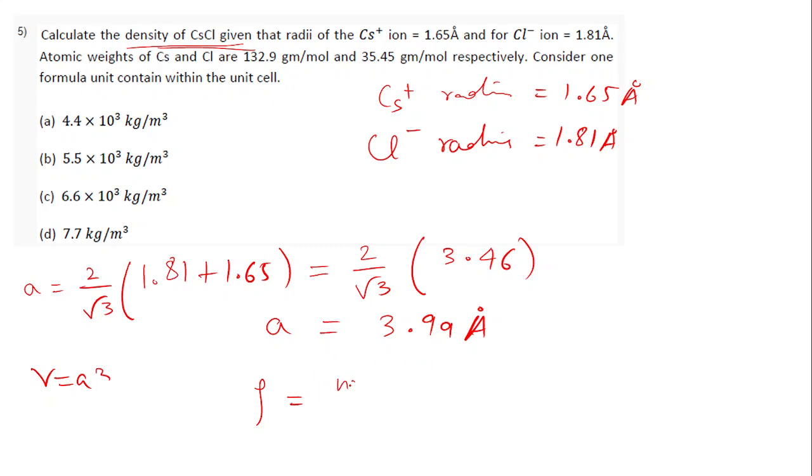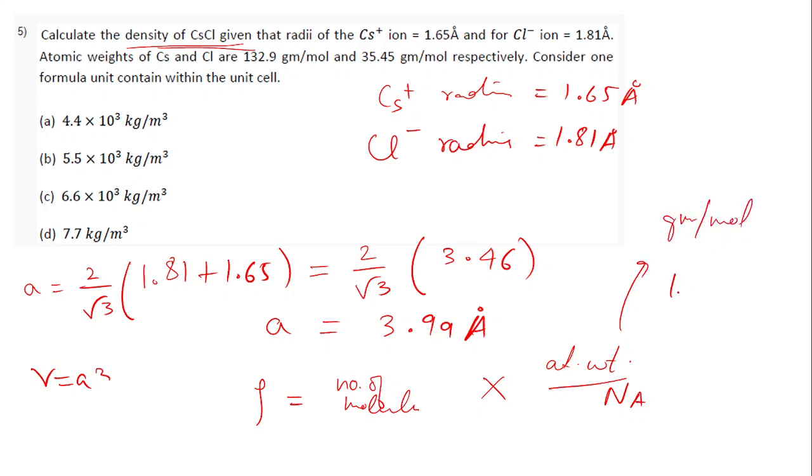Usually it's the number of atoms, but here we have one molecule in the unit cell, so the number of molecules multiplied by the mass, which here will be the atomic weight, divided by Avogadro number, because atomic weight is expressed in gram per mole, and we know in 1 mole we have Avogadro number of particles.